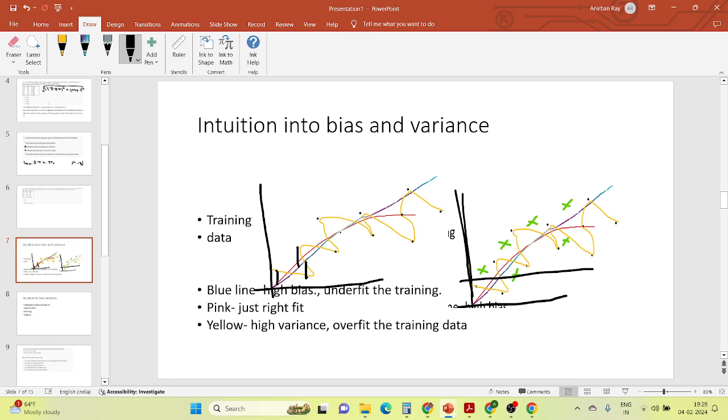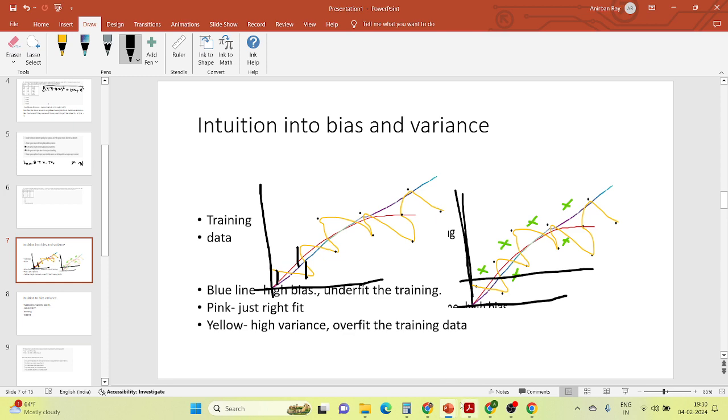Error will be less on the curved line, and as you can see, this yellow line is perfectly fitting the data set, so the error will be 0 on the yellow line.